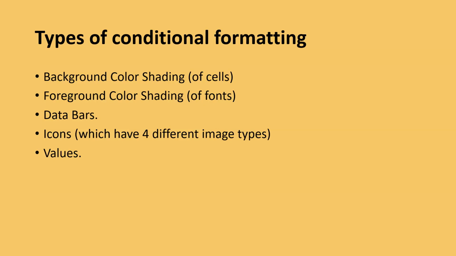Third, we can use data bars. Fourth, we can use icons. And fifth, we can use values. So let's see quickly how they work, and then we'll continue from there.